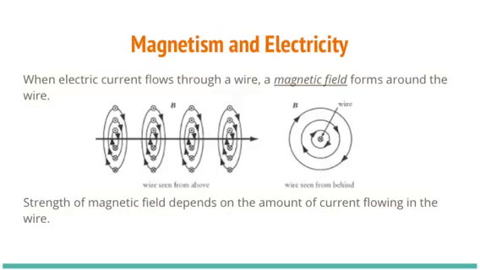The goal of the power company is to keep us from being exposed to that magnetic field too much so that it's not dangerous. Now, the strength of a magnetic field depends upon the amount of current flowing in the wire. That's why those really high power lines are higher up in the air, because the magnetic field is stronger with a much larger current flowing through those wires.